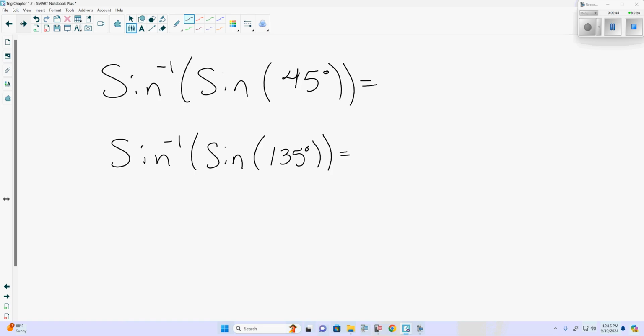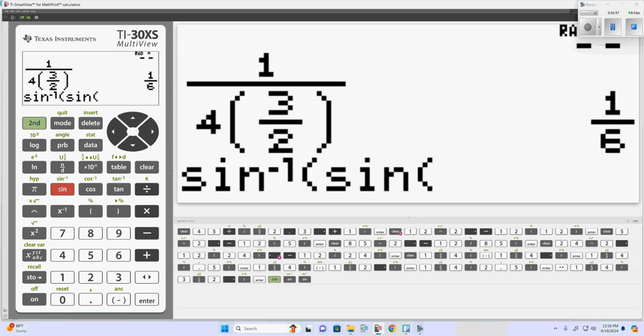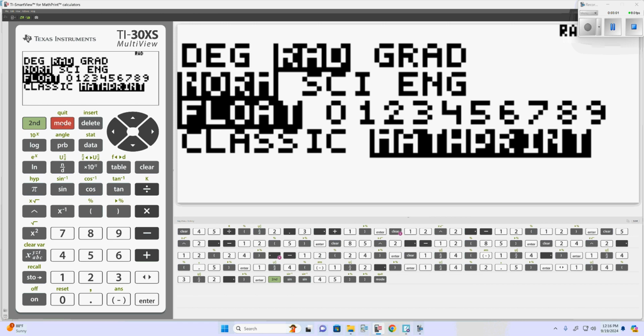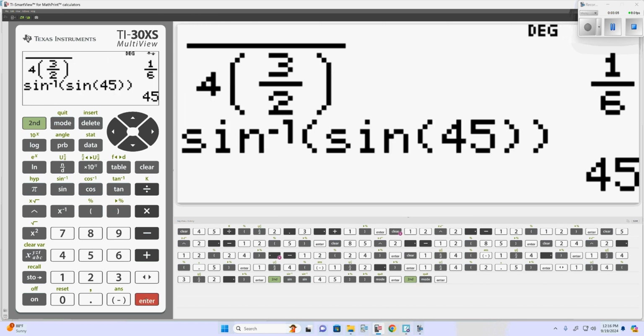So what we're starting off with today is these here, sine inverse of sine of 45. Now these aren't in the note sheets, but we did these in geometry, and these are some of the ones that y'all liked. The sine inverse of sine of 45 degrees is 45, because sine and sine inverse are inverse functions, so they undo each other.